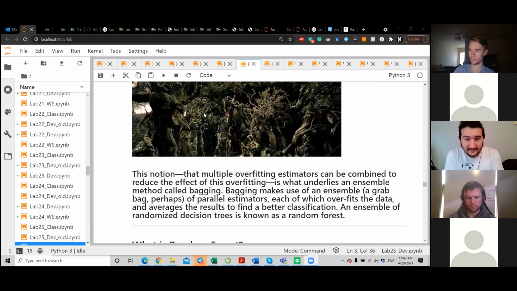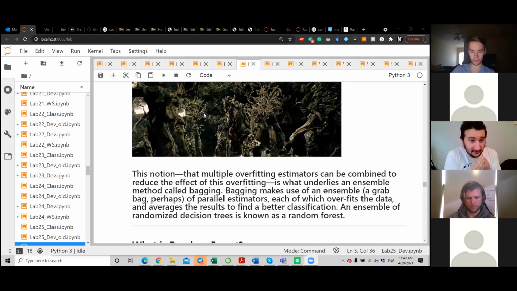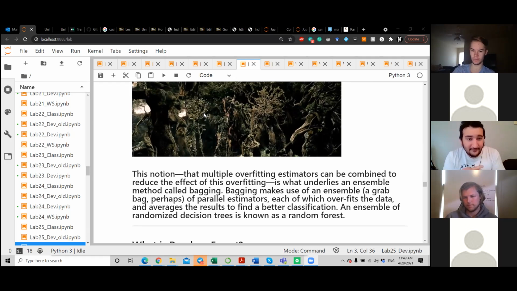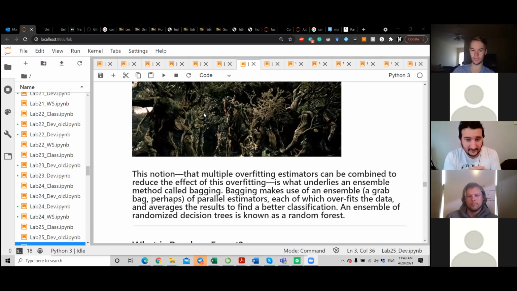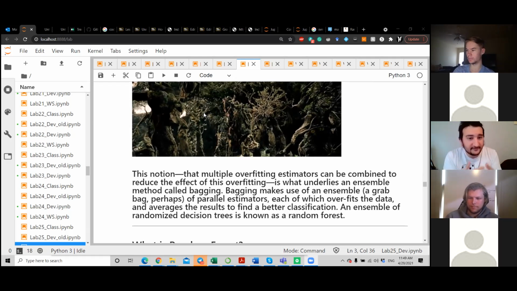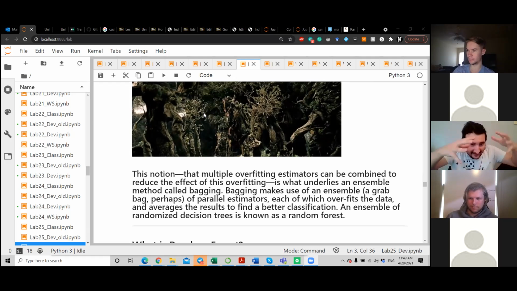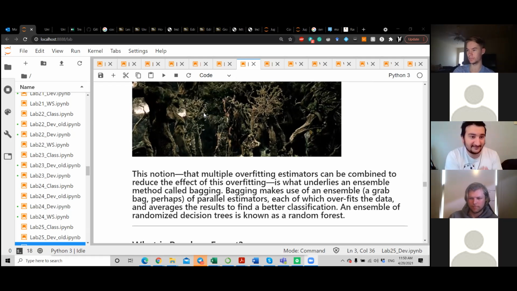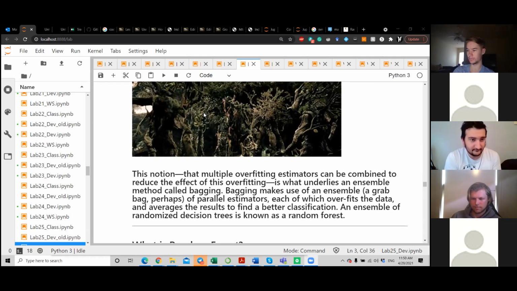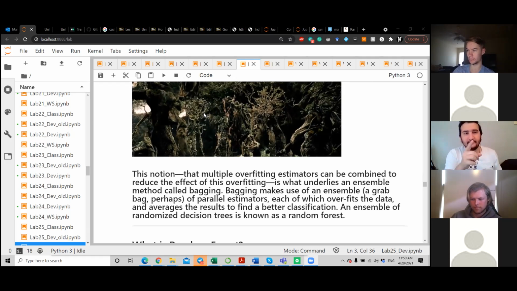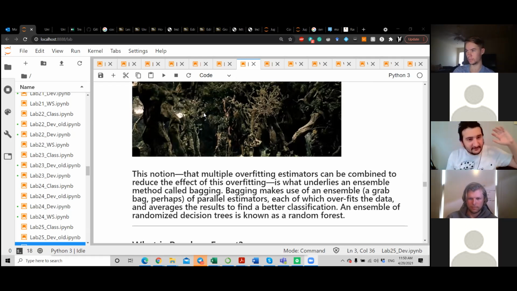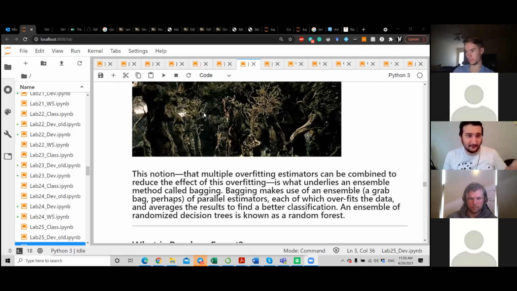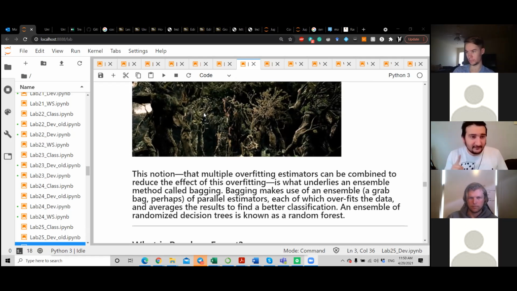Bagging makes use of an ensemble, a grab bag perhaps, of parallel estimators, each of which overfits the data, and averages the results to find a better classification. So it basically says, on this data, I have 10 trees. I have 10 experts. They think that at this specific point, I will be in this class label.